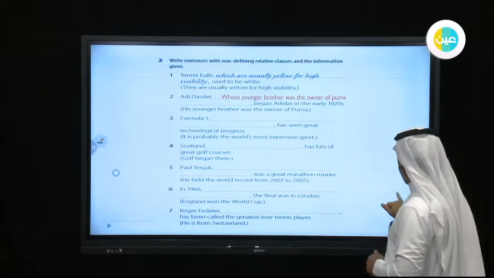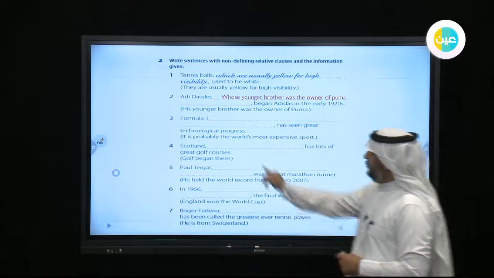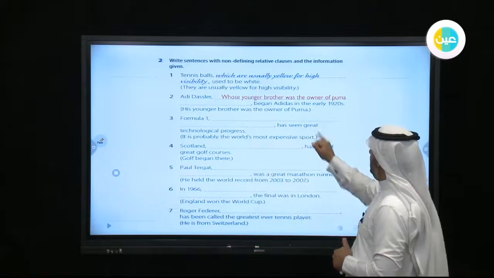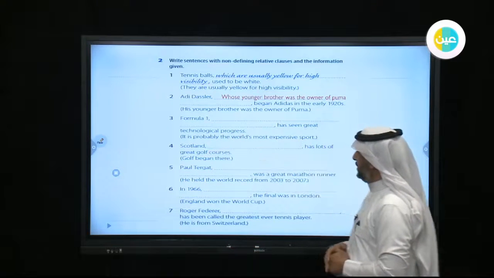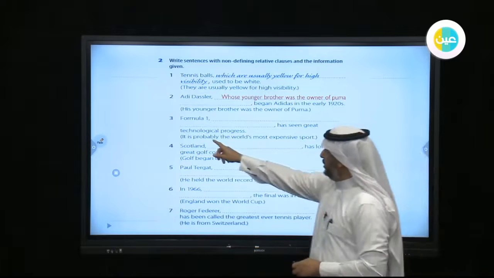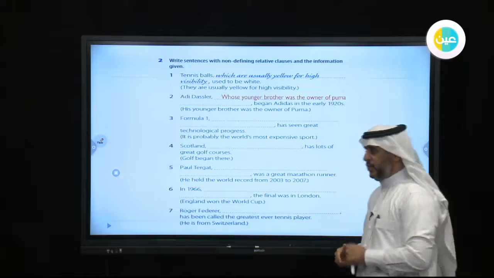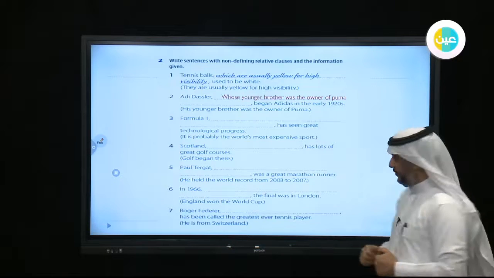Number 3. Formula 1 has seen great technological progress. We want to use, it is probably the world's most expensive sport. How can we complete the sentence using non-defining relative clause?